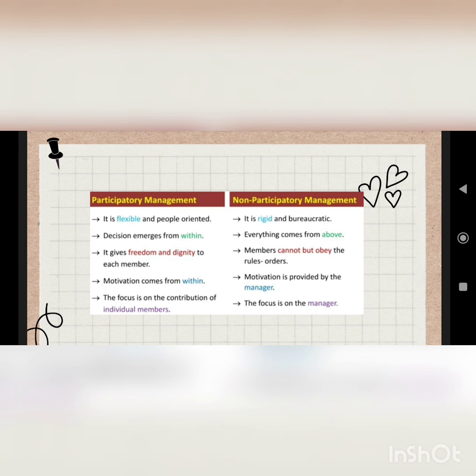The last one is the focus is on the contribution of individual members. So in participatory management, it focuses on the contribution of individuals. It means that they have fair opportunities to speak up and the freedom to contribute to decisions, while in non-participatory management, the focus is on the manager.